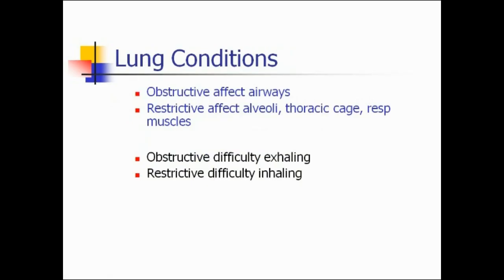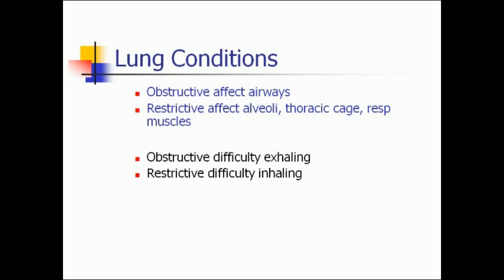Now, to further understand these two categories, obstructive lung diseases affect the airways. Restrictive lung diseases affect the alveoli, the thoracic cage, the respiratory muscles, etc. Now, to simplify that even more, we see that obstructive diseases have difficulty with exhaling the air, getting it out, whereas restrictive have difficulty getting it in.